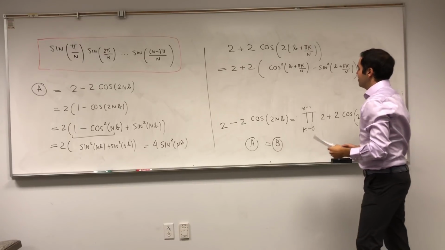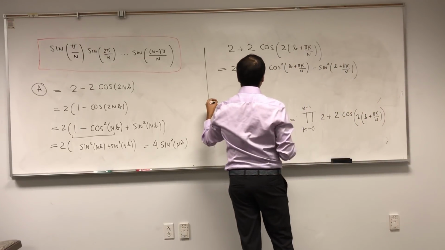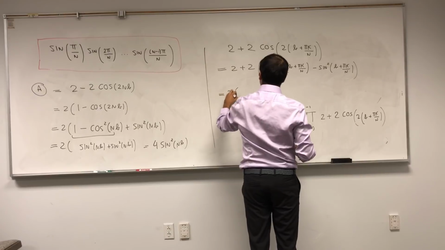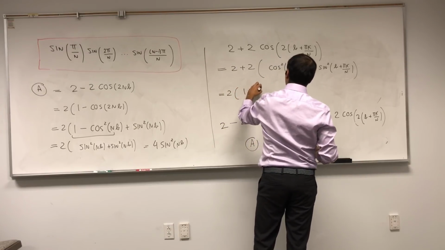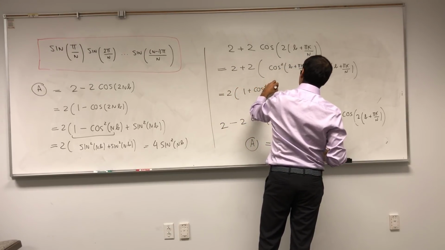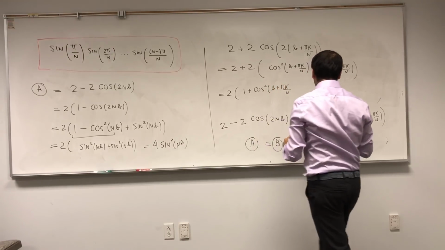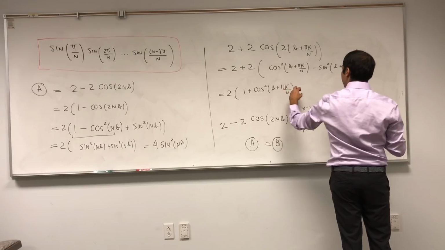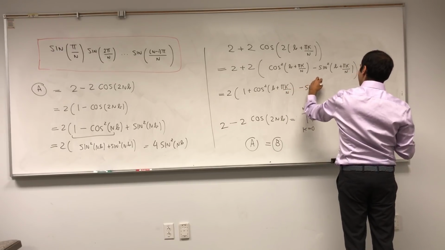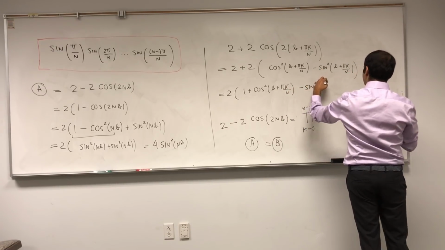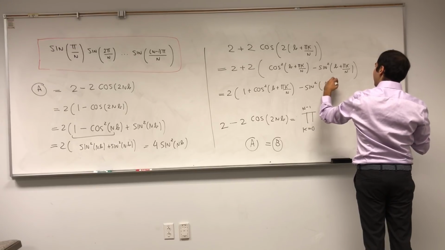Let's see how we can simplify that. So that equals, I guess, 2 times 1 plus cosine squared of b plus pi k over n, minus sine squared of b plus pi k over n.